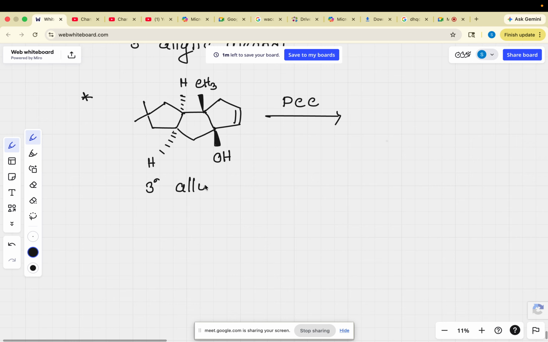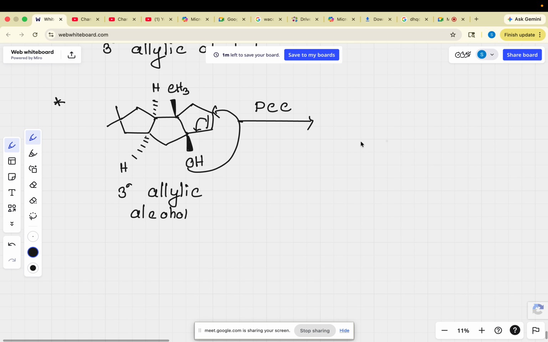The 3,3 sigmatropic reaction. This double bond will shift to here, and this oxygen will move to here, right? So the double bond is shifting to here, this oxygen is shifting to here, so double bond O.